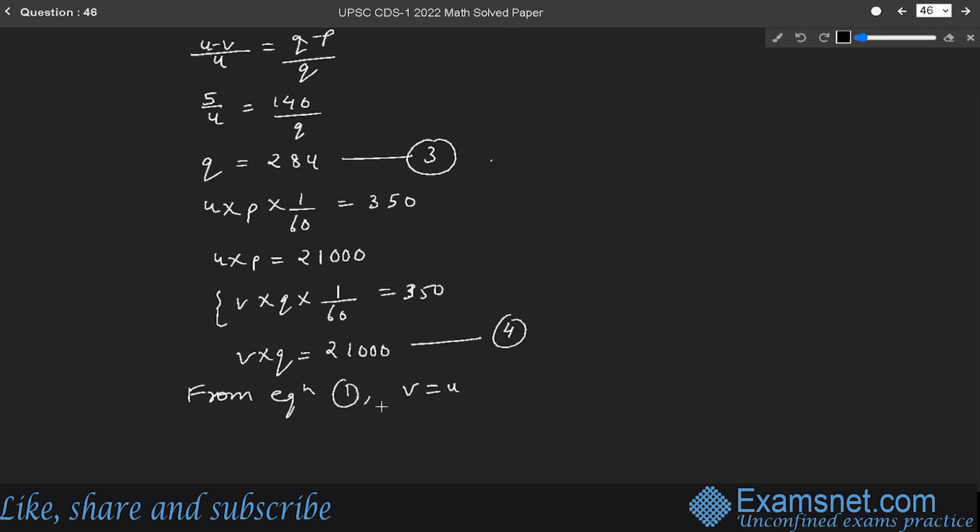Now, from equation number 1, we have v is equal to u minus 5, and from equation number 2, we have p is equal to q minus 140. Let these be equation number 5 and equation number 6.